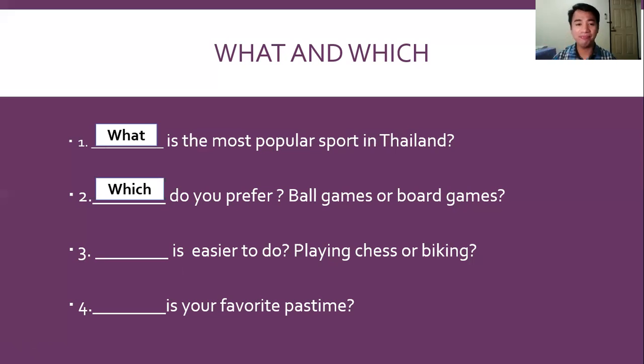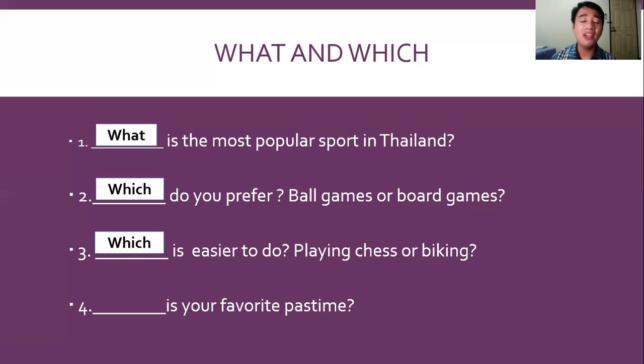Question number 3. Blank is easier to do, playing chess or biking? Okay, what is your answer? What or which? The correct answer is, yes, you are right. Which is easier to do, playing chess or biking?